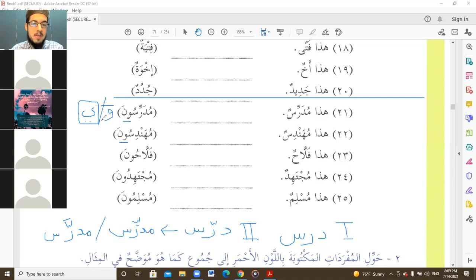If it's in the nominative case, it's mu'minun. So this applies to all sound masculine plurals. Here it's mudarrisun, and if it were the object of a verb, or after a preposition, it would be mudarrisin. I took it from the minal mudarrisin. But the fatha stays the same. That's what I wanted to point out.